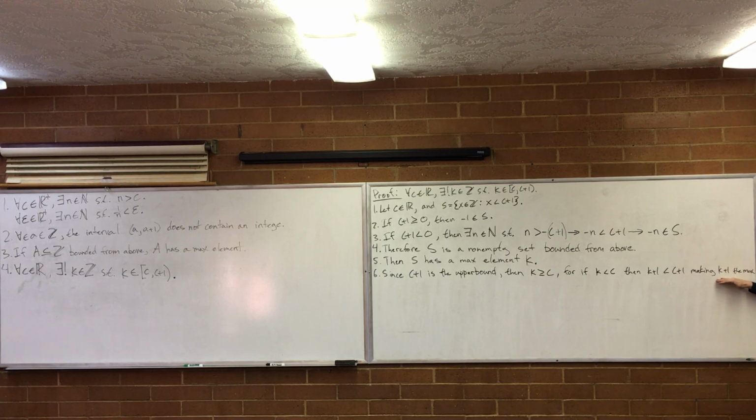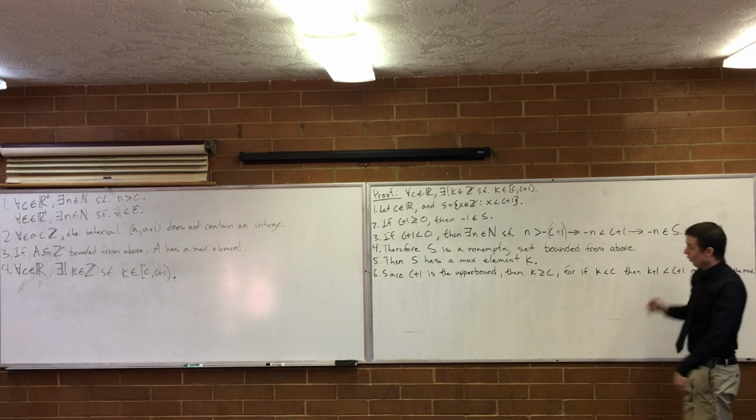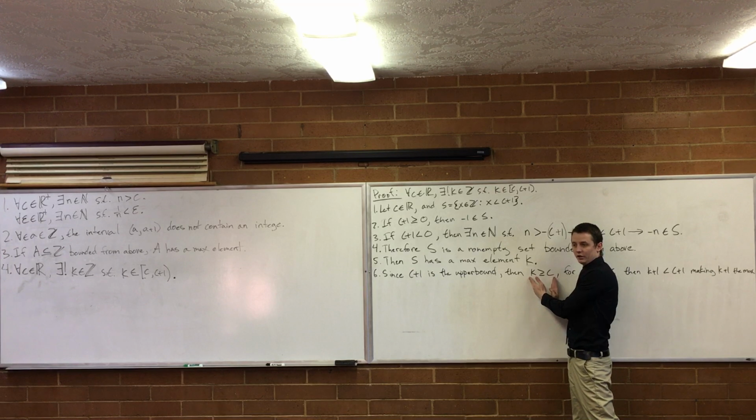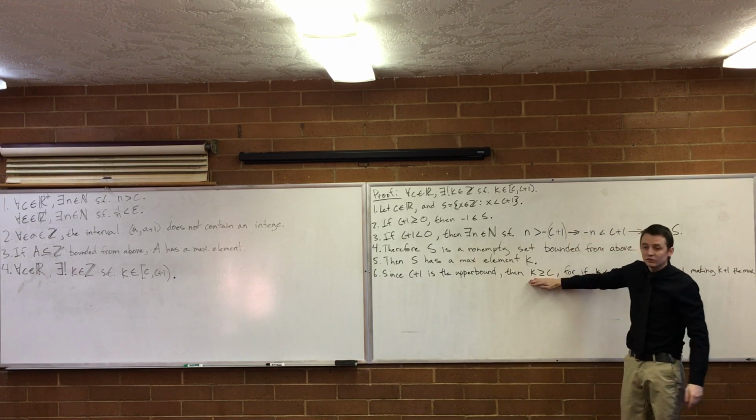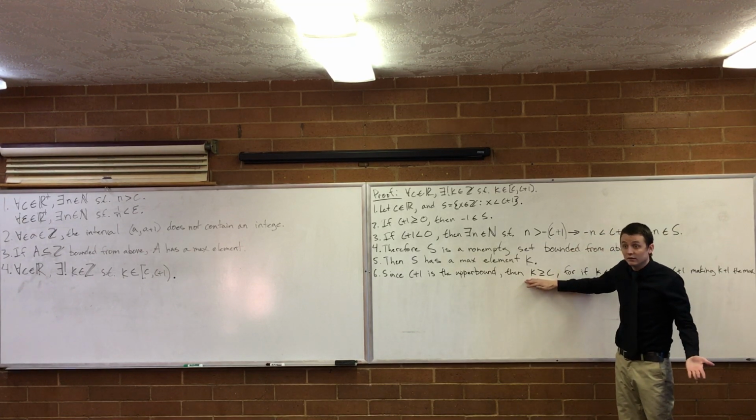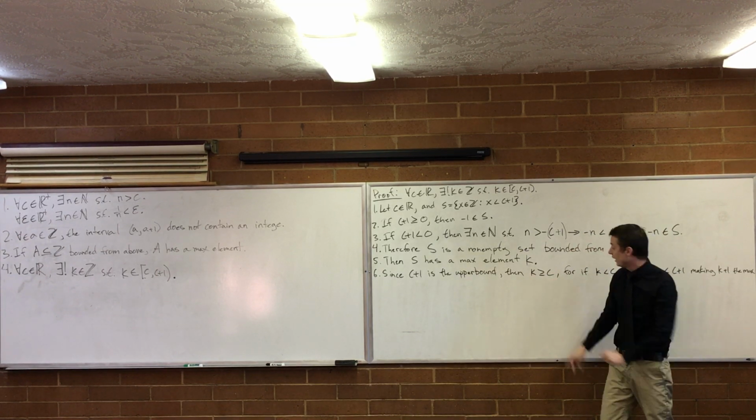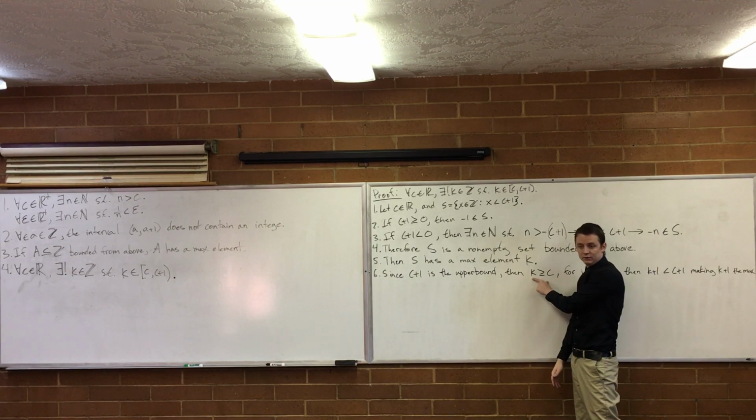You see why that doesn't work? Kind of a lot going on in one line, so let's make sure we get it. We're trying to say k has to be greater than or equal to c. That's the only thing I'm trying to establish here. So one of two cases: either k is greater than or equal to c, or it's not. If k is not greater than or equal to c, what is it? It's less than c.